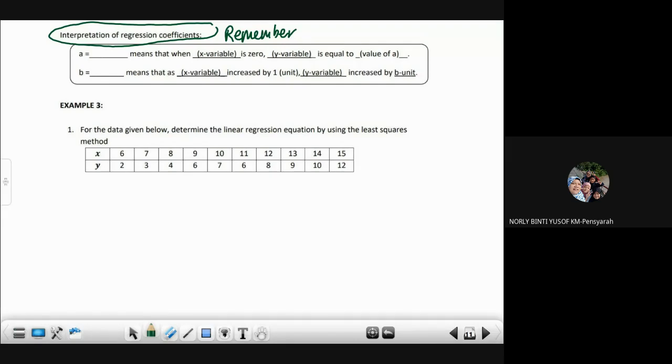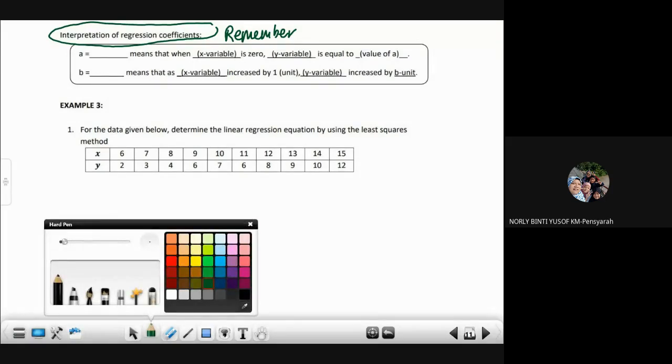So kita tengok pada example 3. Sama dia bagi table, nampak data dia banyak, 1 sampai 10. Apa yang perlu you buat dalam regression ke ataupun dalam correlation ke, kena cari 5 benda tu.